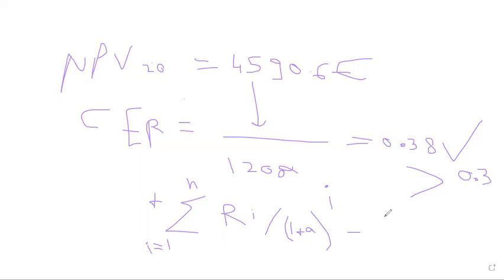And because in LCC you have minus I0 and minus the summation of CI over 1 plus A to the power I, you can group the two terms together. These two terms can be combined and replaced by minus I0 plus RI minus CI, and you can cancel out this term and just put here minus CI over 1 plus A to the power I.